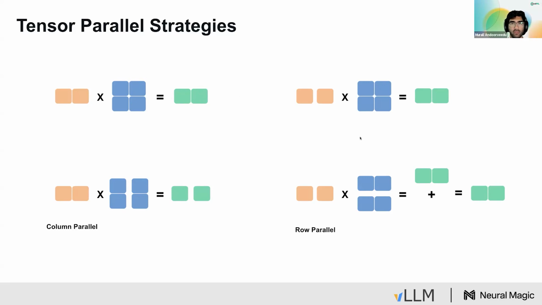With row parallel, it's a little bit different in the sense that we already have this first vector split, and then we split the matrix along the row here. And then when we compute this, we get 2 separate pieces. But these 2 separate pieces just contain partial results, which we have to add to get the final result.